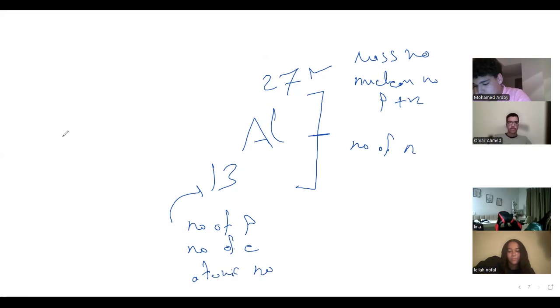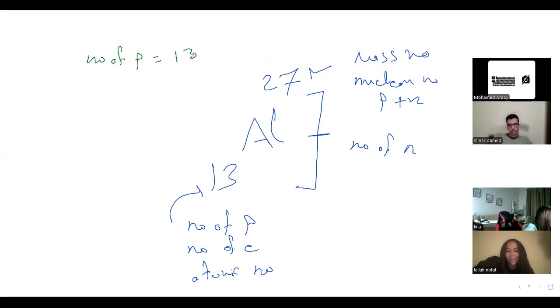For example, Lena, in Al13 27, number of protons is equal to 13. Number of electrons is equal to 13.